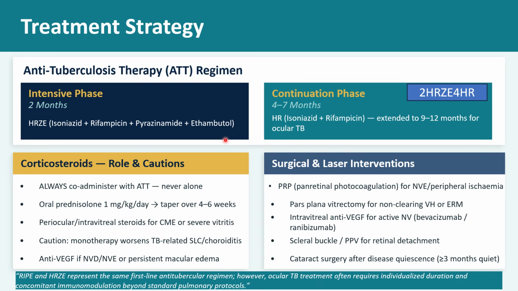That's why the continuation or discontinuation of the treatment is based on the response to the medications, and that's why it can reach up to 12 months. The duration for extrapulmonary tuberculosis treatment is longer than for pulmonary tuberculosis itself.